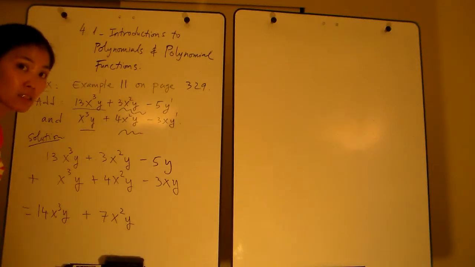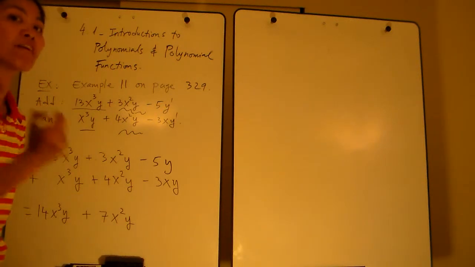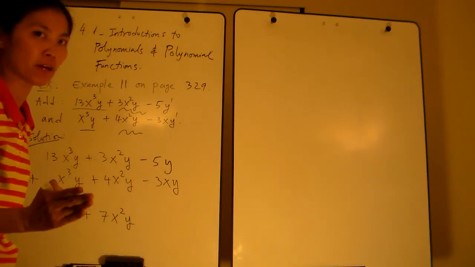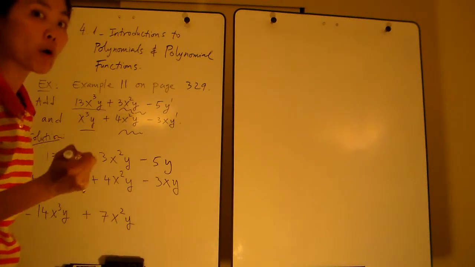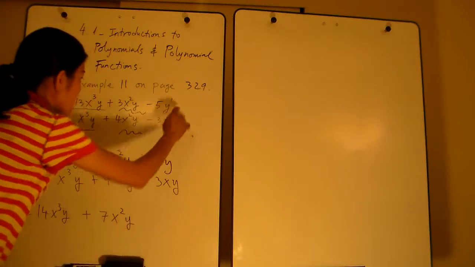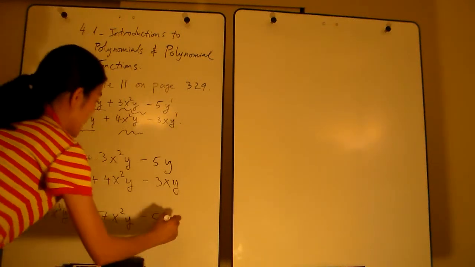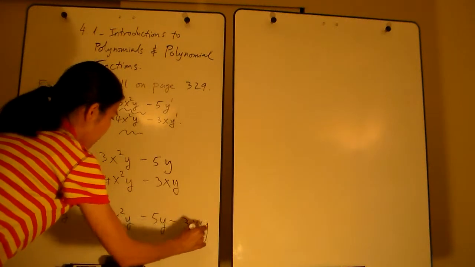This term does. That's when you cannot combine them. You can only combine terms that have the same variables with the same exponents. So since you cannot combine, just copy, which is subtract 5y, and whatever is given, minus 3xy.